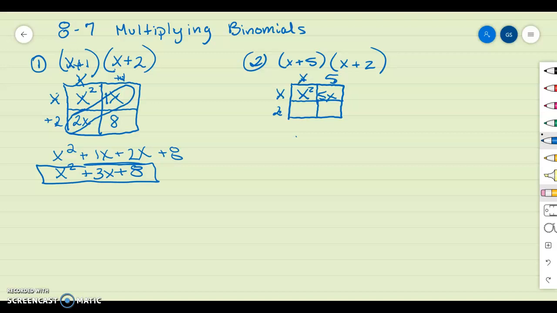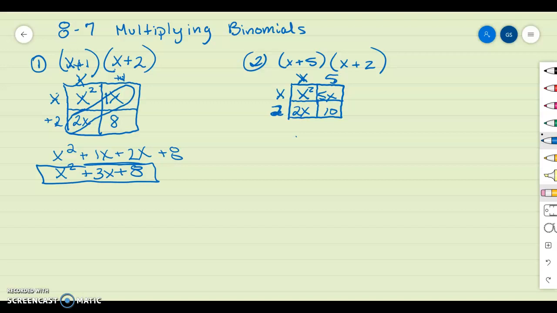All right, so x times 2 is going to be a 2x, and that goes in this box here. You go from the top down and the left over and see where you meet. Okay, and lastly, you're going to do 5 times 2. Okay, so 5 times 2 is 10.